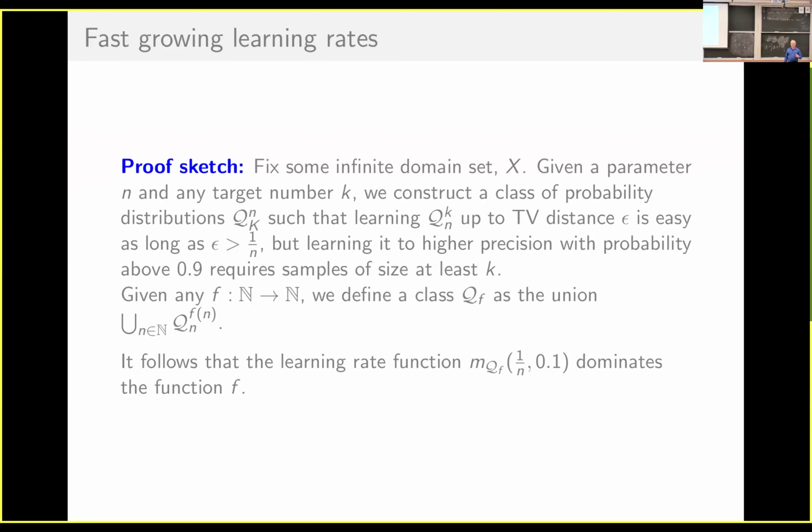We can also ask about the dimension that tells you whether you are learnable or not. If the dimension is finite, you are learnable. If the dimension is infinite, you are non-learnable. We also proved that you cannot have a quantitative dimension for this, which does not work for scale-sensitive dimension. But for the quantitative, you're right. Yeah, good point.